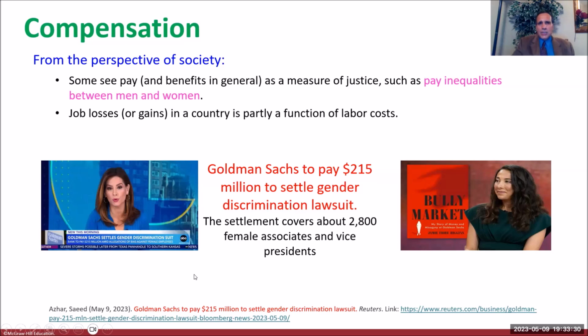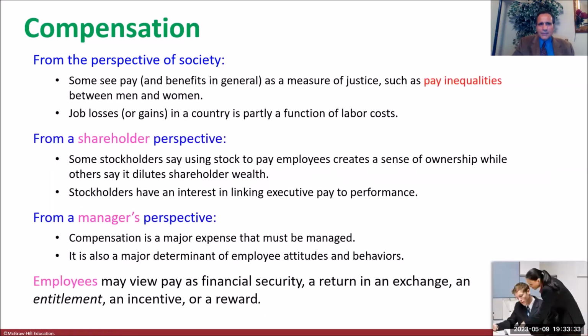So again, compensation can have multiple perspectives. So do consider your philosophies from the shareholder's point of view, from the manager's point of view, from the employee's point of view, and what it means to each of these stakeholders or categories of people who are interested in what happens in the compensation and benefits.